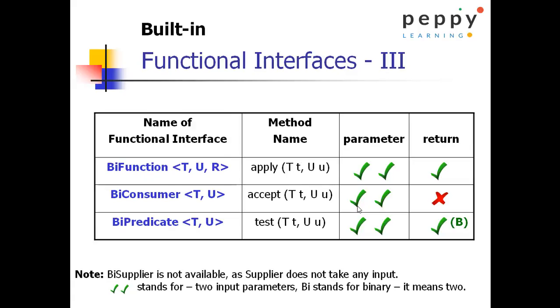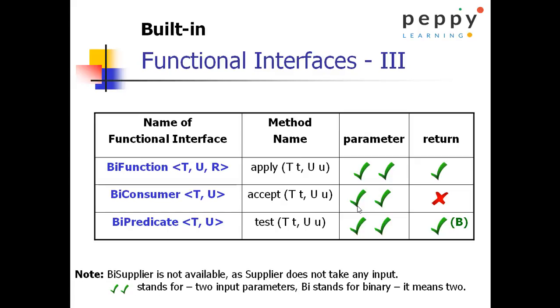Next, here all of them pass two parameters to the function. We call it Bi. Bi stands for binary. Now BiFunction will take two inputs and return output, whereas BiConsumer will take two parameters and doesn't return anything.